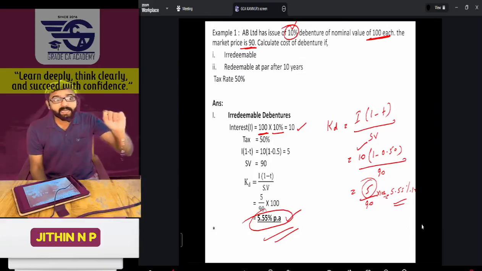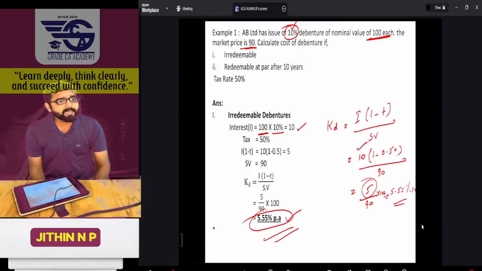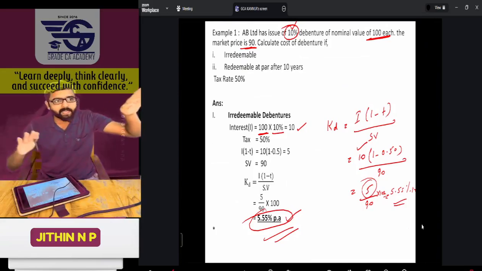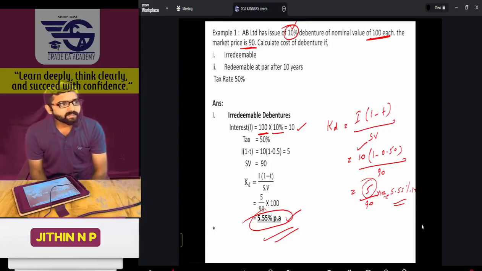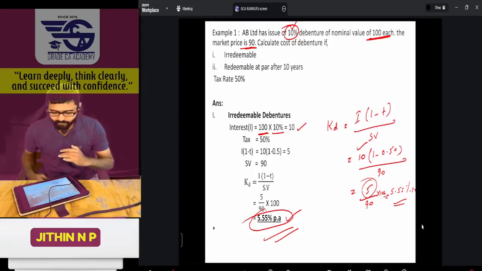That means the net cost of investment to the company is 5 rupees. Actually 10 rupees is paid, but the company saves 5 rupees in tax, so the net cost of debenture is 5 rupees only. Clear? Net cost is 5 rupees.